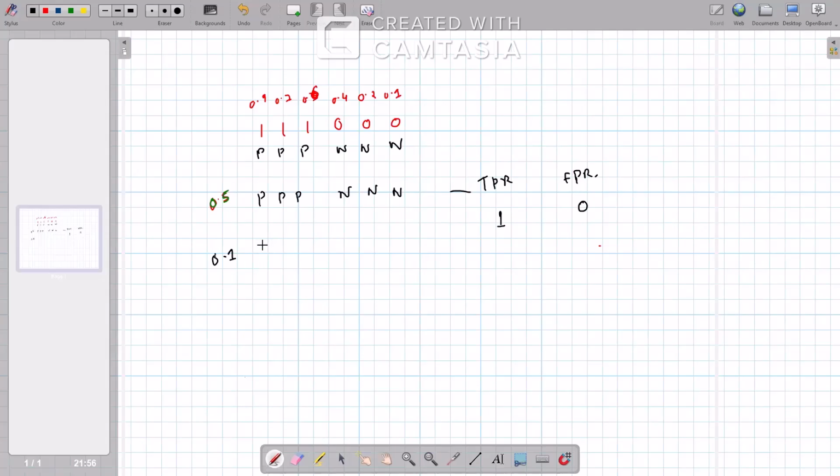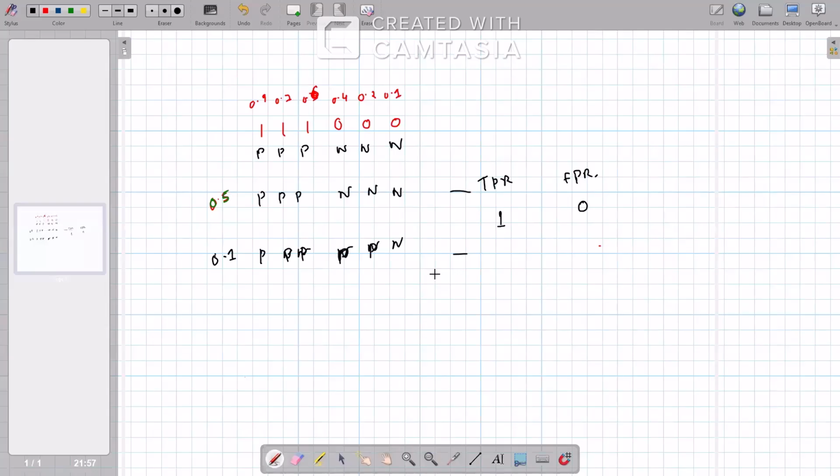All these things will be positive, and only the last value will be negative, right?